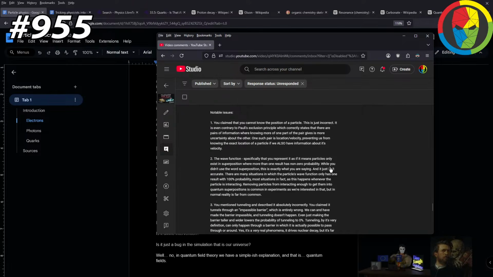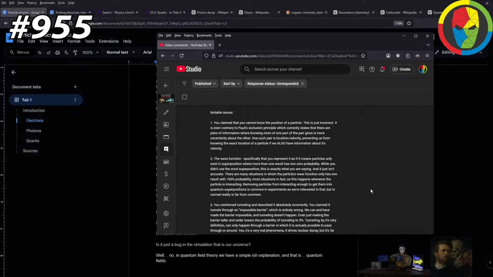The wave function, specifically that you represent as means particles only exist in superposition where more than one result has no zero probability. Well, you didn't use the word superposition. This is exactly what you are saying. Just isn't accurate. There are many situations in which the particle's wave function only has one result probability.